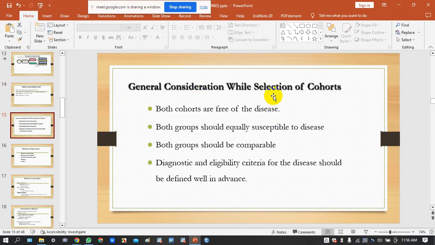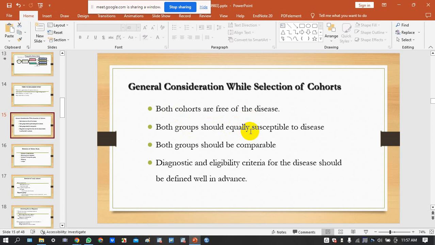Okay, so general considerations while selecting cohorts. Both cohorts are free of the disease, like I said at first. Both groups should equally be susceptible to the disease, so your control and the exposed group should all be susceptible. For the cohort, you begin without the condition.